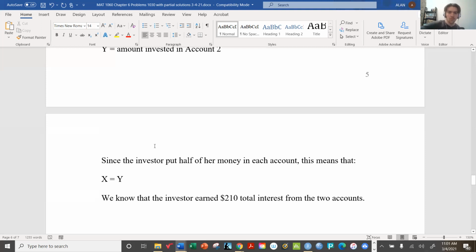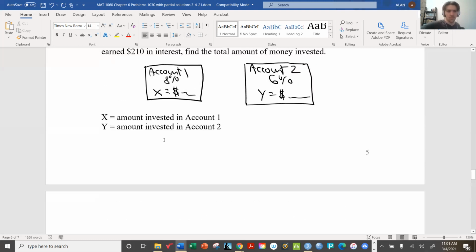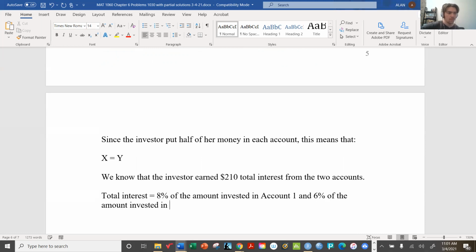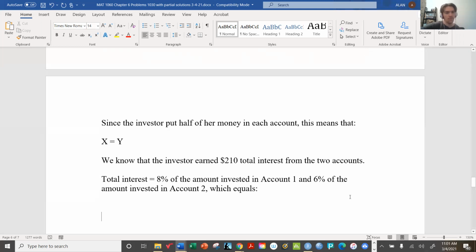Now, how do we figure that out? So the total interest equals 6% of the amount invested in the first account, or account one, and 8. Oh, actually, no, the first one is 8, isn't it? Yeah, sorry, I got that backwards. 8% of account one and 6% of the amount invested in account two, which equals, now remember, these are percentages.